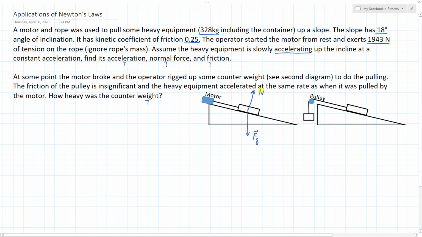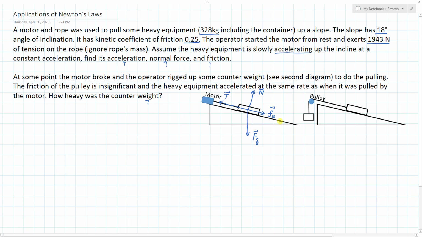So here's normal force. And then the motor exerts a force on the cable. The cable exerts tension, so we can just say effectively the motor exerts the tension T on the heavy equipment, and also the inclined plane pulls back with a kinetic friction Fk.